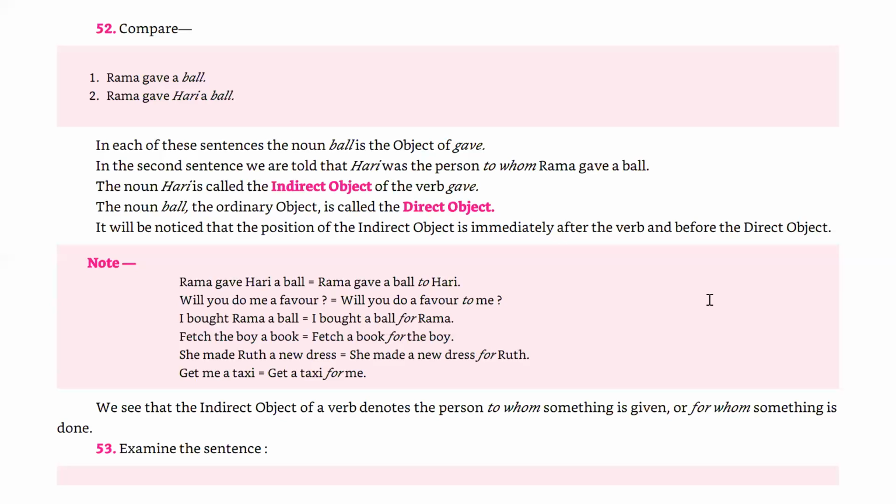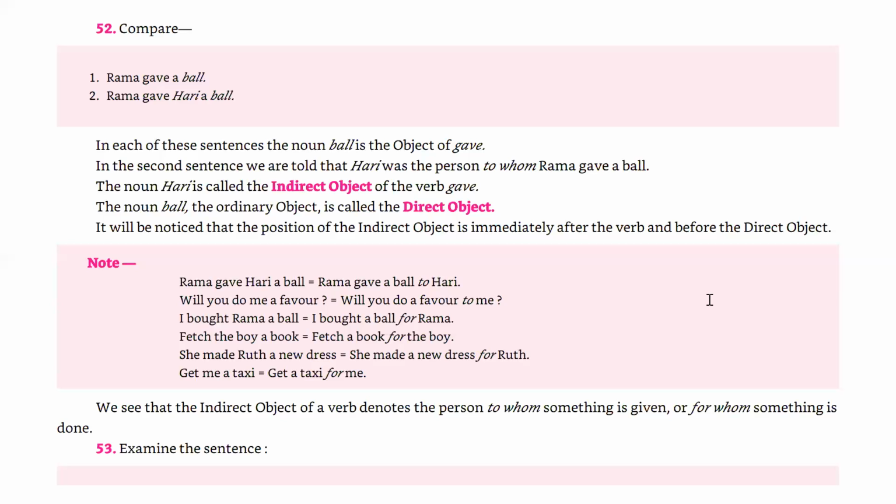That's called ditransitive use. So first one is called Hari as such, is an indirect object, and then the word ball is a direct object.